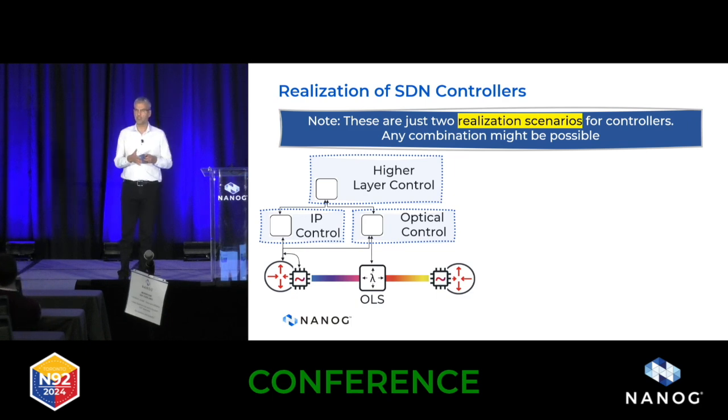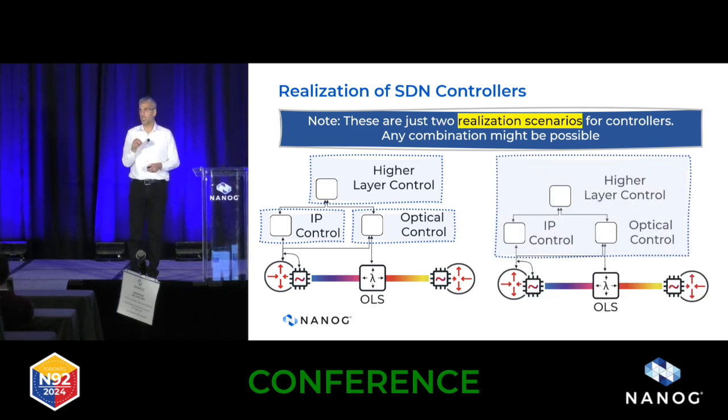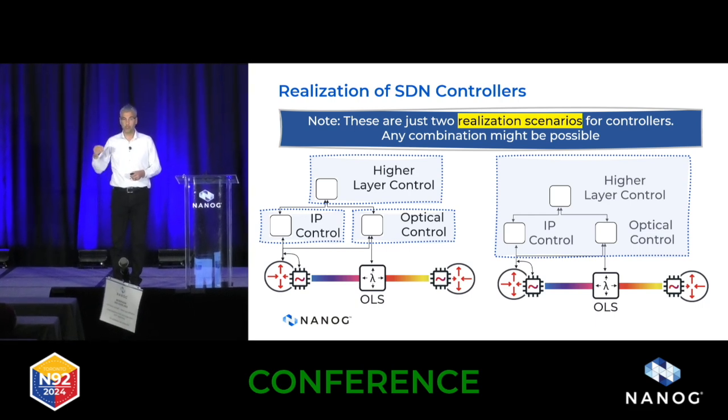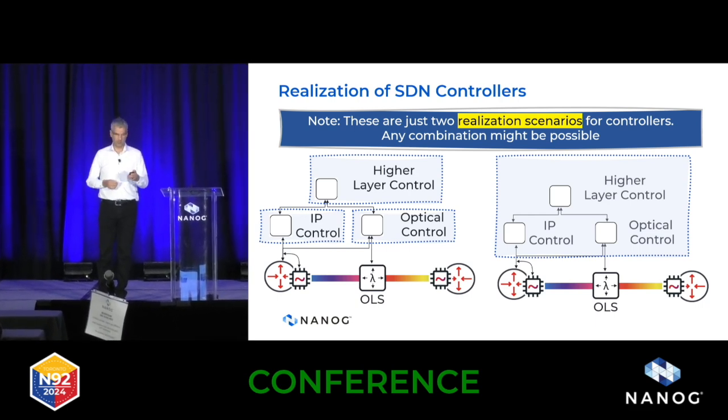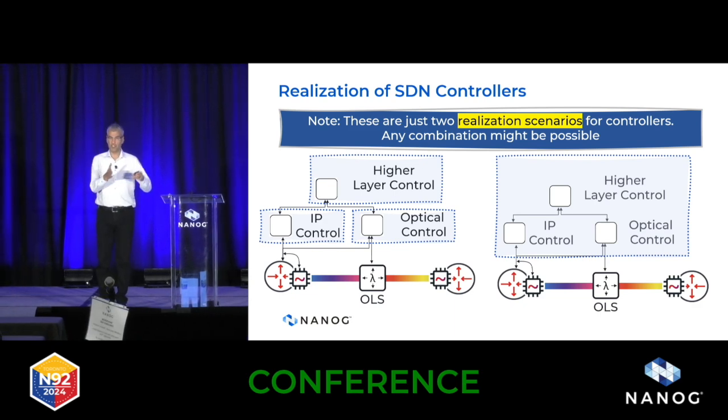This is just 2 examples of various things we can do. Now I have realized this one: these blue boxes are now realizations. They are controllers. In the previous one, on the left-hand side, I have 3 boxes from different vendors: IP controller, photonic layer controller, and multi-layer.